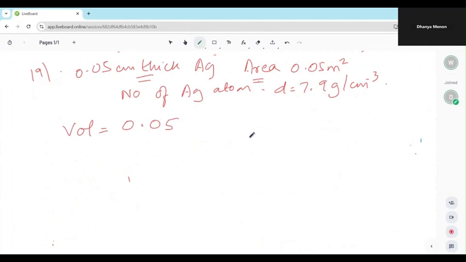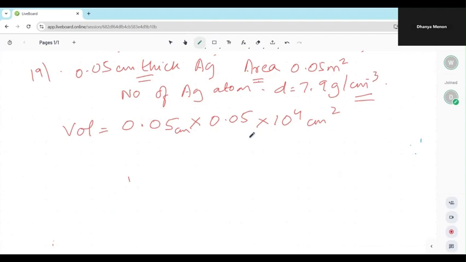We will try to maintain everything in centimeter because the density is per centimeter cube. So thickness is given in centimeter already, 0.05 times area is 0.05 meter square. So I'm making it into centimeter square by multiplying it with 10 raised to 4. So meter square, so 100 into 100, so 10 raised to 4 centimeter square, and this is centimeter. So this is our volume, so centimeter cube.